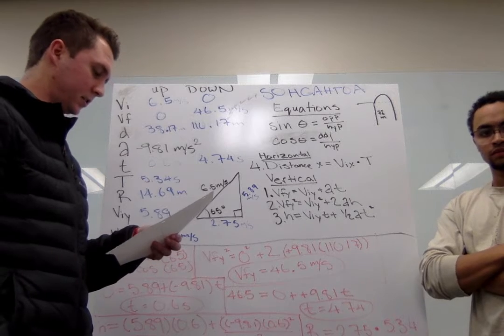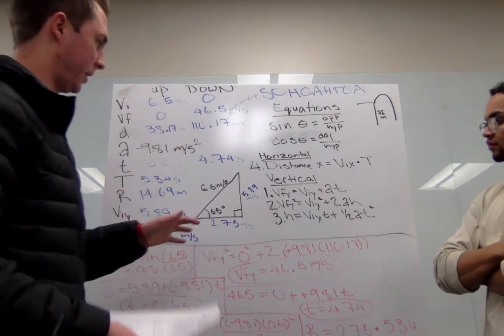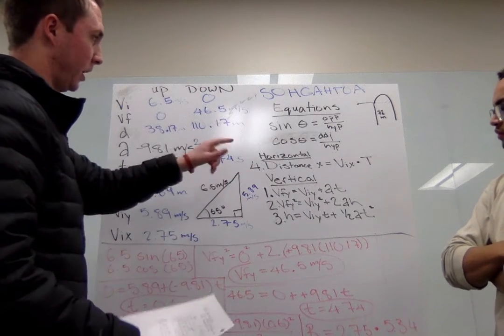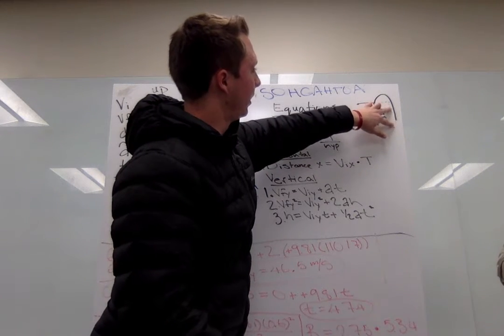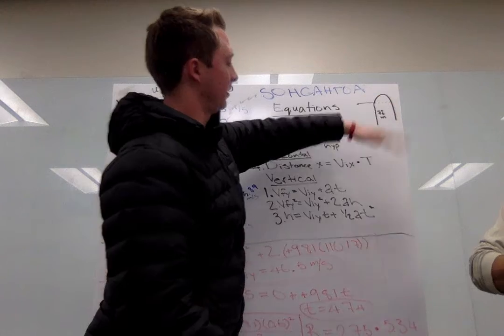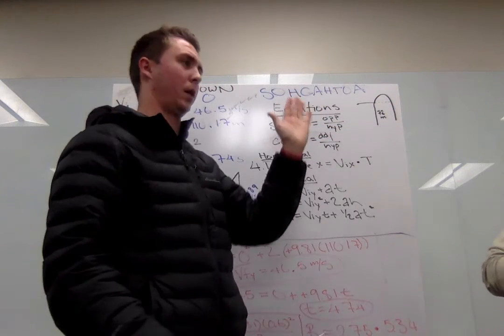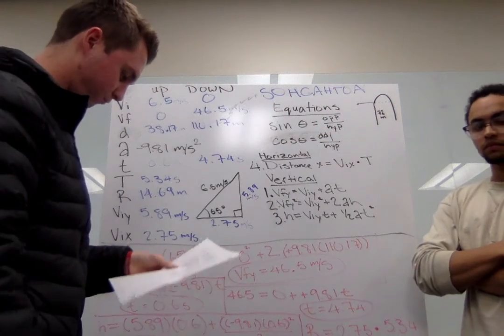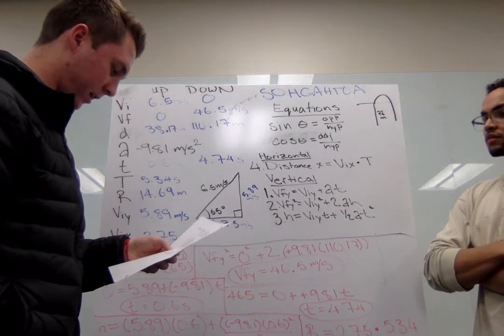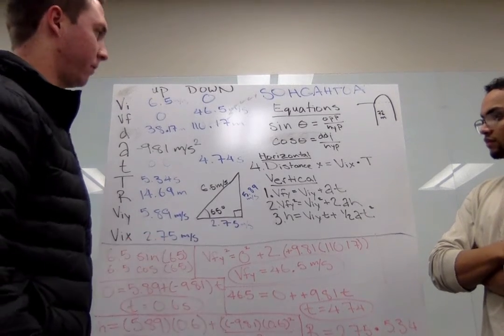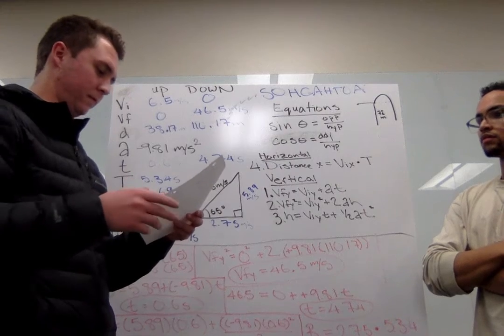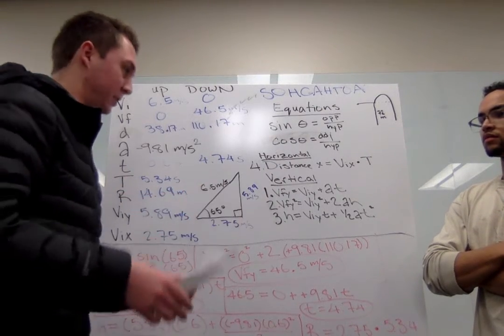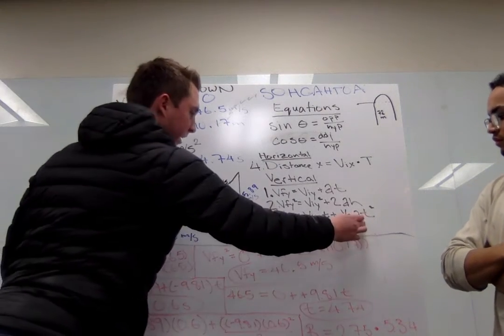4, is solving d down by using d up plus the leftover space that's lower than when the object started. And then step 5 is basically solving the final velocity by using equation 3 again.